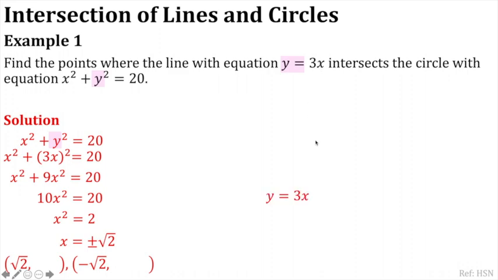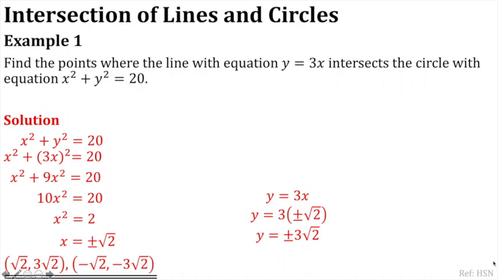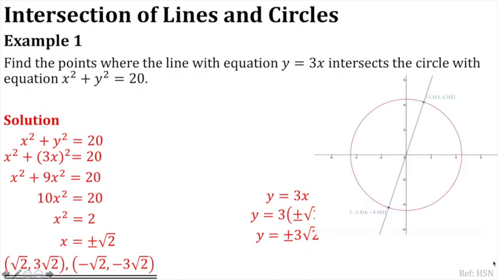So if we take the equation of the line, and substitute firstly x equals root 2, we will get positive 3 root 2, and when we put in x equals negative root 2, we obviously get negative 3 root 2. And that gives us the following points: root 2, 3 root 2, and negative root 2, negative 3 root 2. And we'll just have a quick look at what that might look like on the graph.